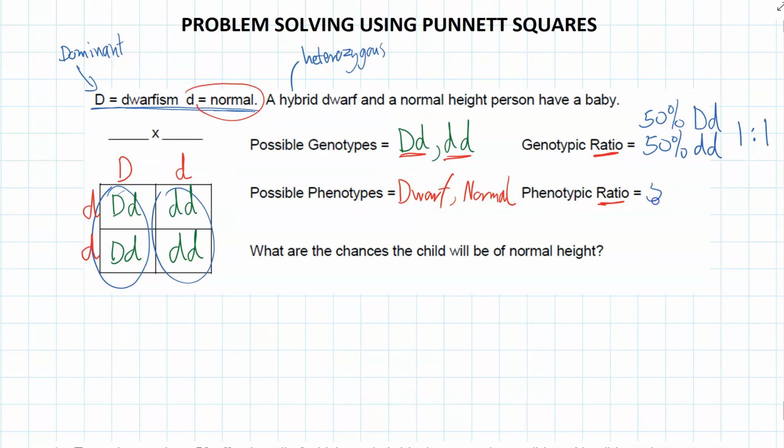So that's pretty easy. 50% of the children in this family will be dwarf, on average, and 50% will be normal height. And again, that's a 1 to 1 ratio. And then we've got another question at the bottom here. What are the chances the child will be of normal height? And that is 50%. Just like we worked out.